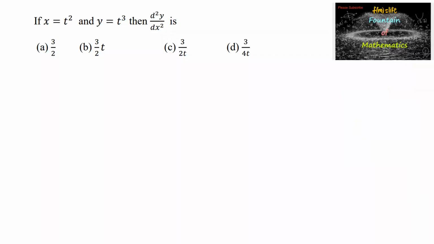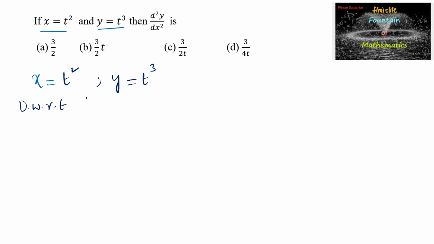If x is equal to t square and y is equal to t cube, then d square y by dx square. Given x is equal to t square and y is equal to t cube.